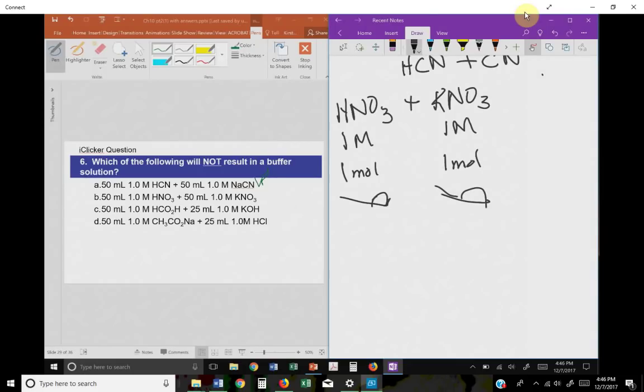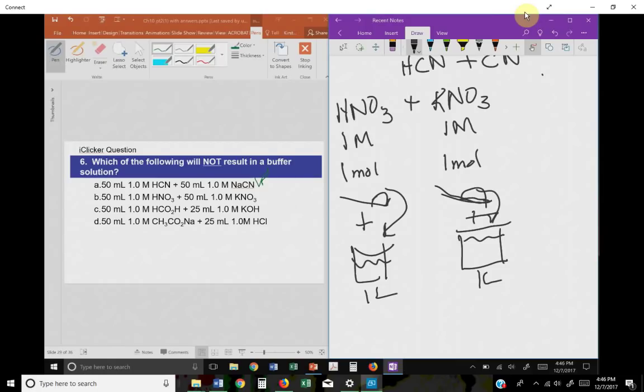That's my little spatula, scoopula, people. Don't make fun. And I put it in a beaker of water, 1 liter, right? And I dissolve. All right? So I put that scoop in my solution, and now I end up with a 1 molar solution.